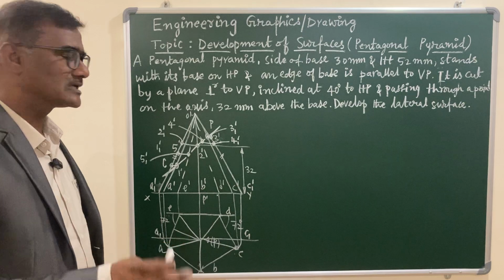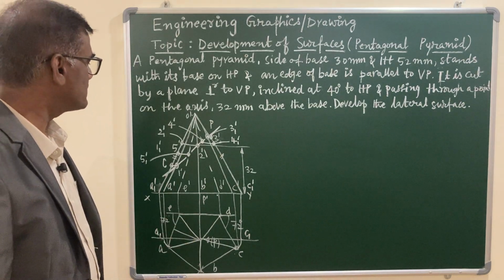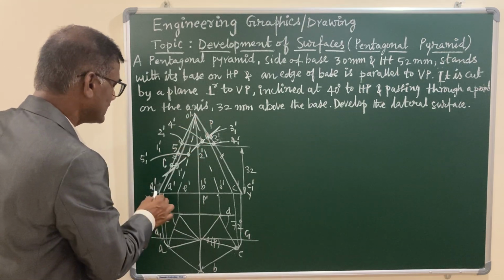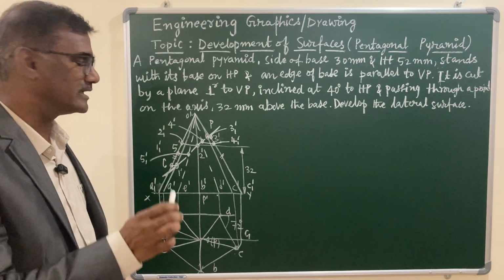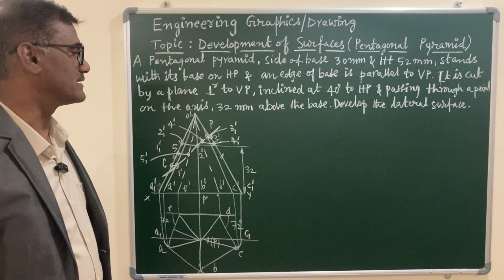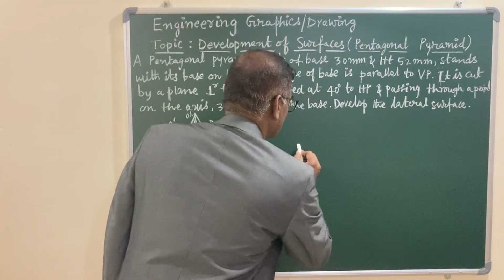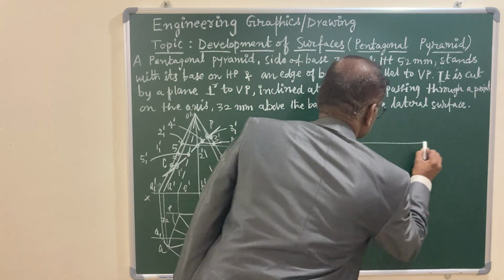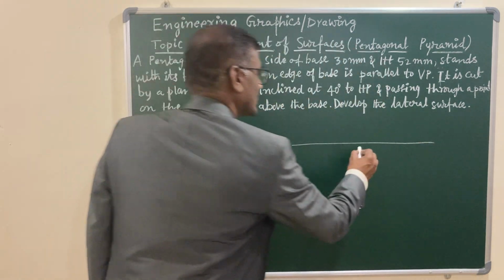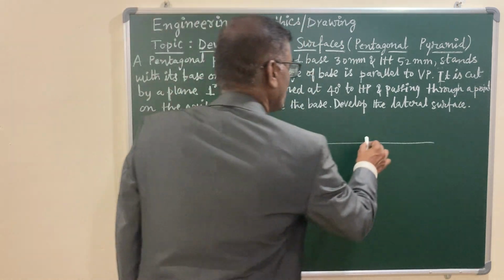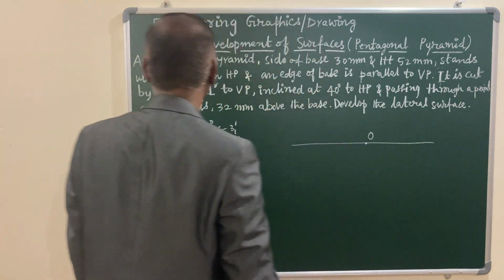And let us draw a semicircle with the radius equal to O prime A1 prime, which is the true length of the slant edge. Let us draw a horizontal line. I am drawing a horizontal line, right? Locate somewhere the apex, that is O. I am using a capital letter.